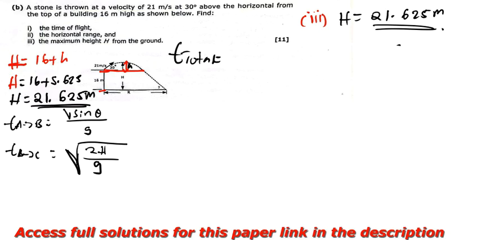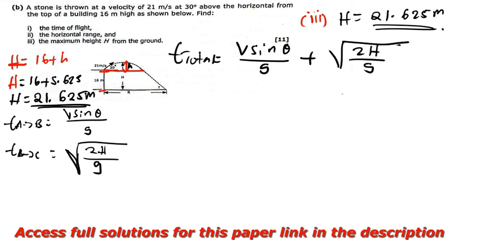So the total time is given by the time from A to B, which is v sine theta divided by g, plus the square root of 2h divided by g. If you want, you can find it separately. You find v sine theta, you find this, and then you come and add them.